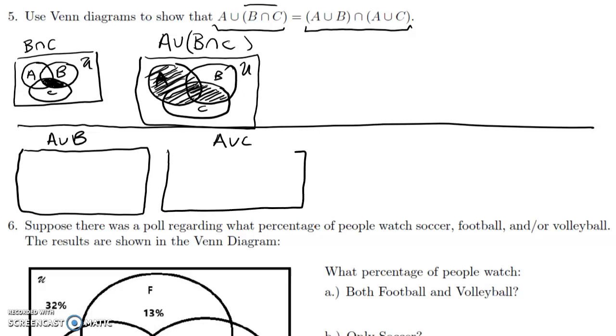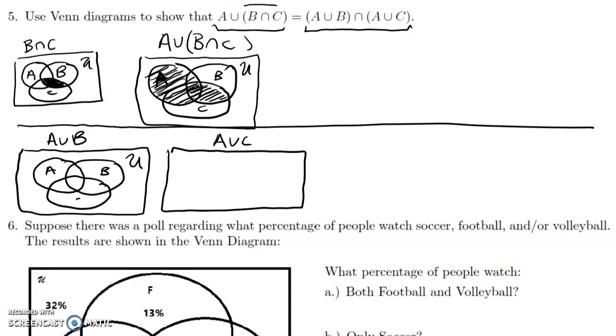So A union B, that's joining together everything that's in A and everything that's in B. So we're going to take all of what's in A and all of what's in B. So the full circles for both A and B are shaded in.